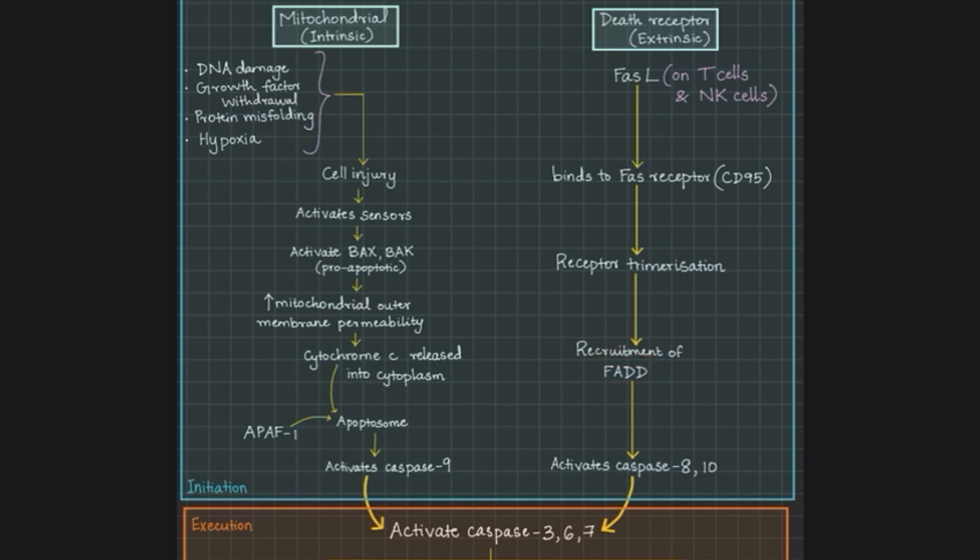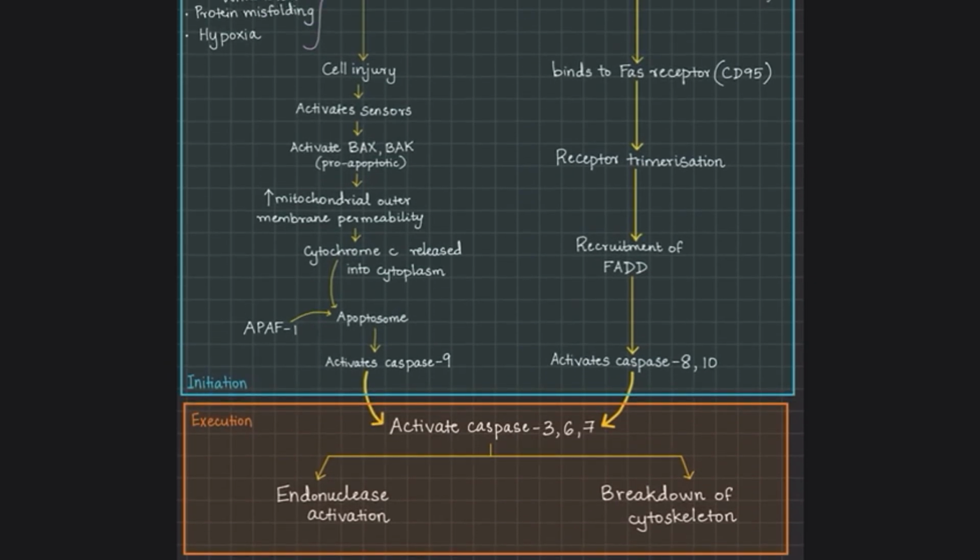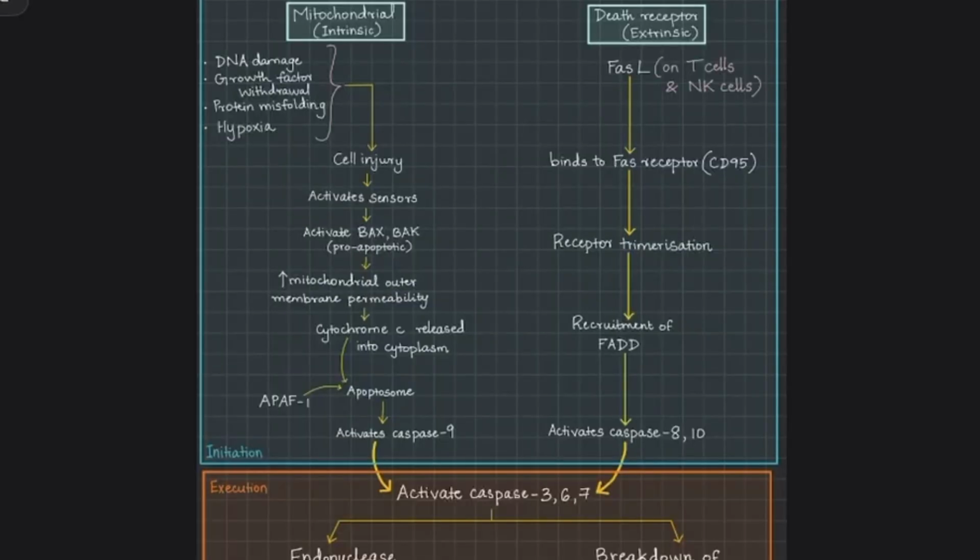This will further activate caspase 8 and 10, which are again initiator caspases, and these caspases will activate executioner caspases 3, 6, and 7. In the execution phase, activated caspases 3, 6, and 7 will cause endonuclease activation, which will lead to nuclear fragmentation and also breakdown of the cytoskeleton. Another example for a ligand receptor interaction in the extrinsic pathway is TNF receptor 1 and its ligand TNF alpha.